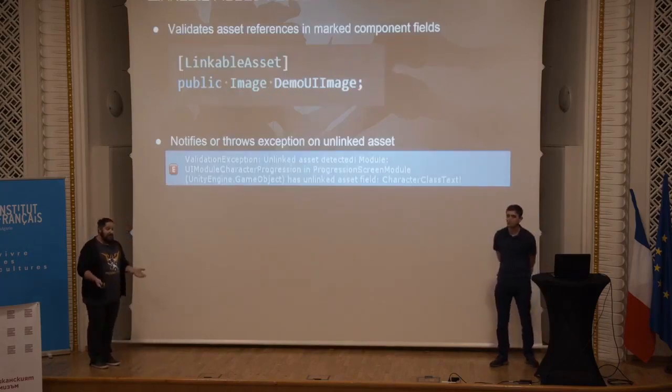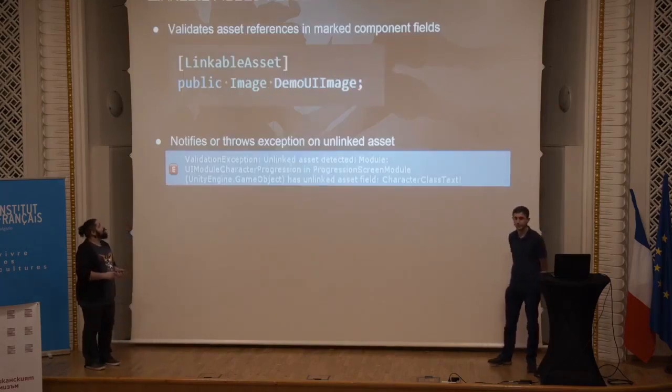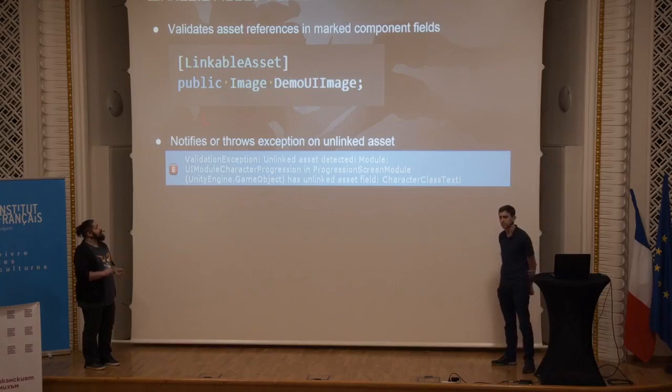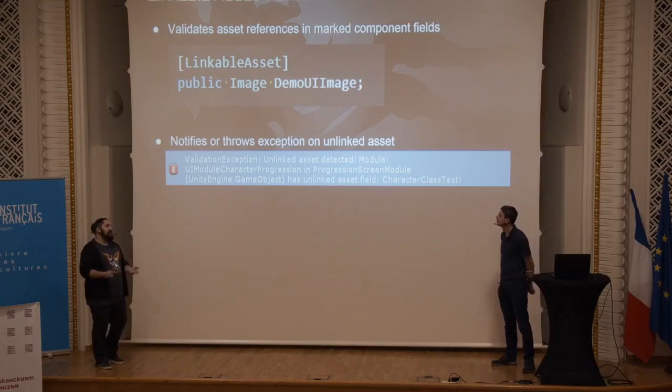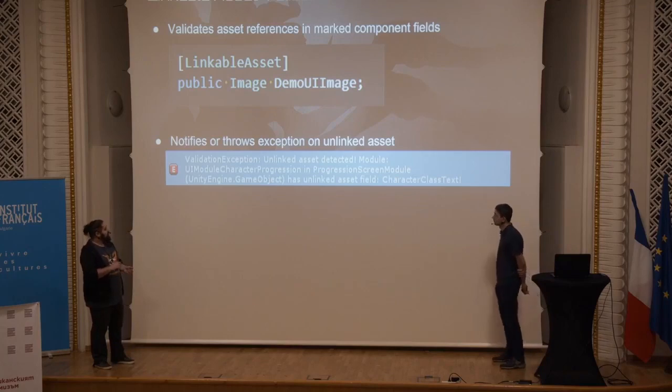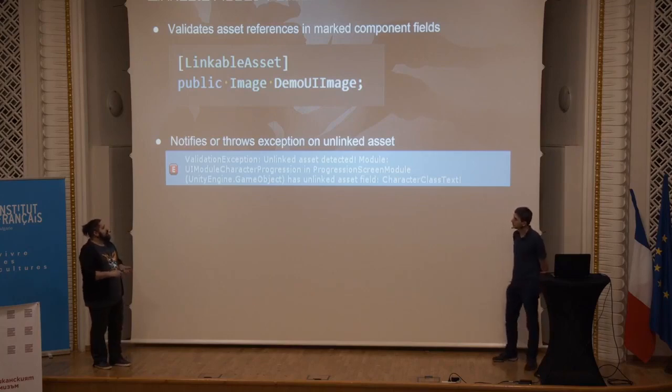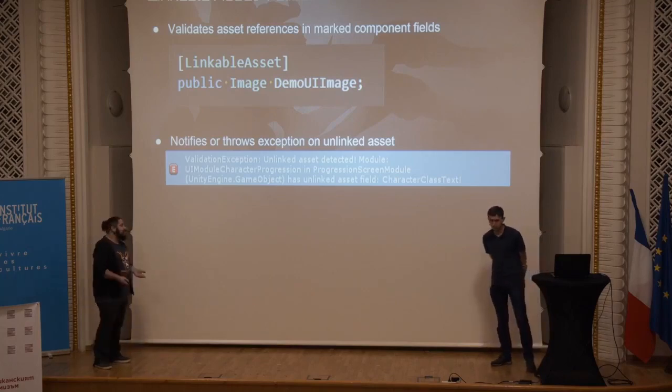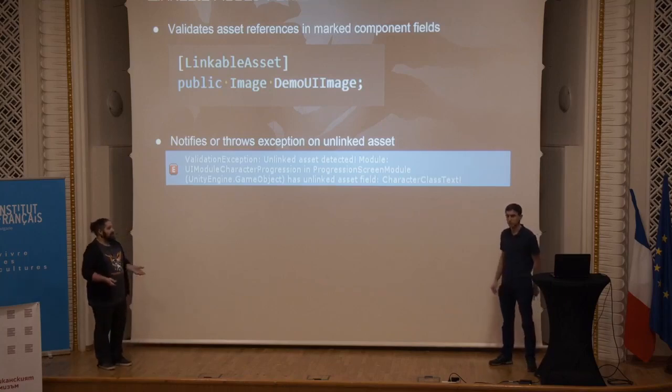It's a simple validator tool that goes through every marked component in the code, and on save, on play, on every action you do on a component that you want to validate, it will give you a notification or exception that there is a missing link in a specified model, and you need to do something about this.